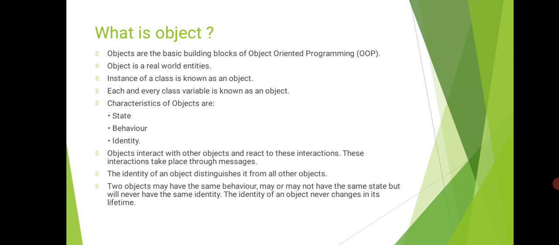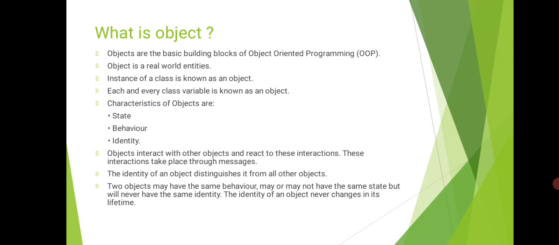Data members of a class means it will create memory for the member methods which are present in the class. You can also define each and every class variable as an object. So an object can also be defined as each and every class variable.